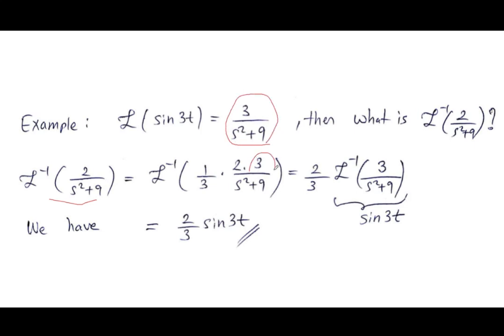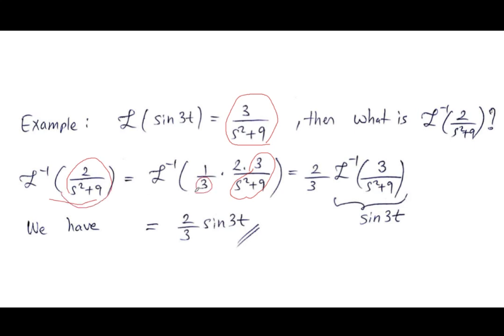So I want to have 3 over s squared plus 9. And in order to do that, we can rewrite this as 1 over 3 times 3, and then we have 2 over s squared plus 9.